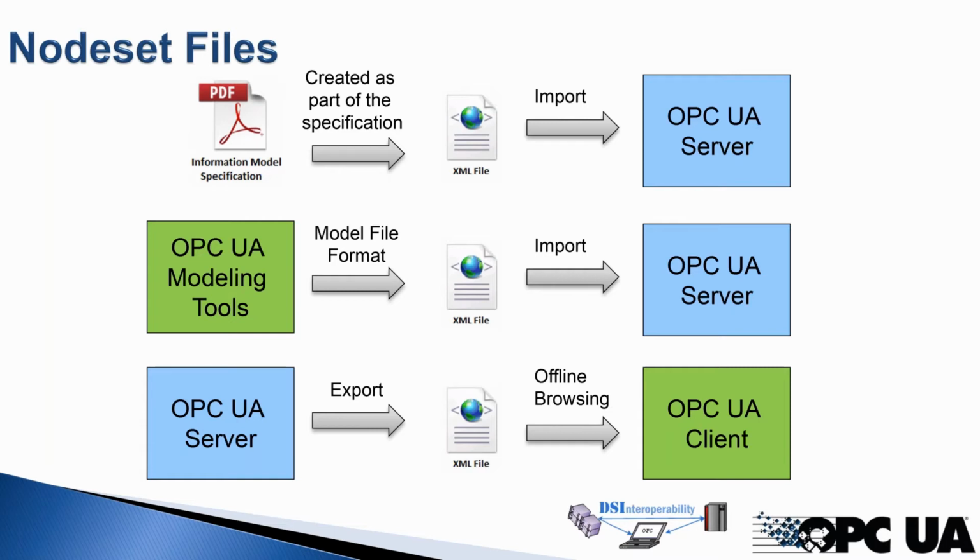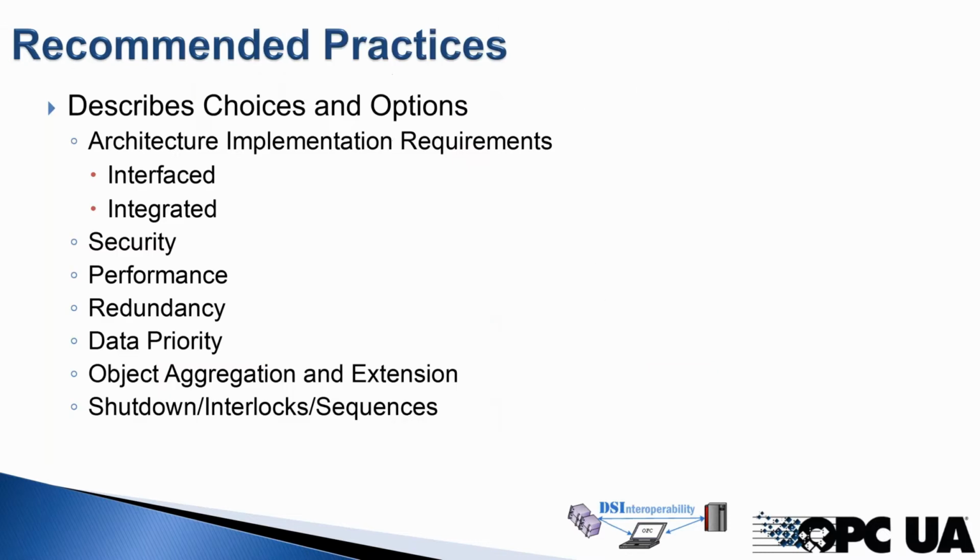So here you can electronically generate the export of the configuration of a server, use tools to import it into your DCS system and generate your configuration automatically. You don't have to worry about transcription errors or anything else. So it's a big benefit for automating the testing aspects.